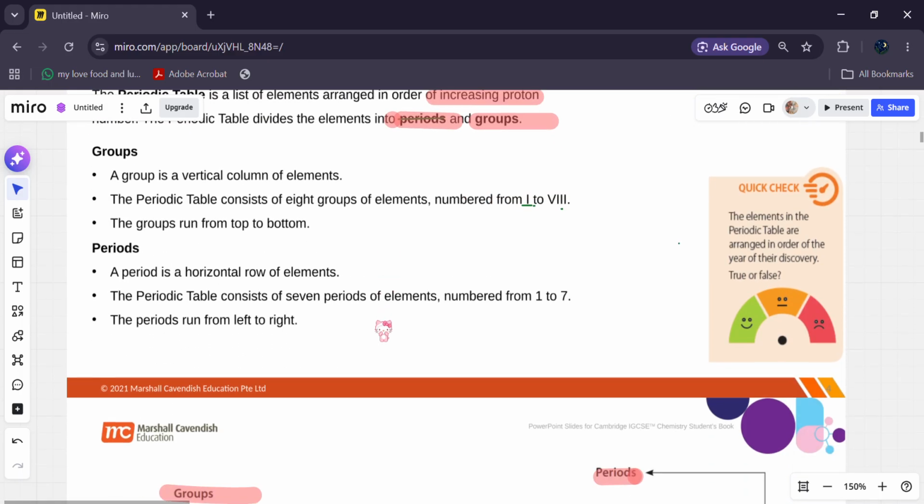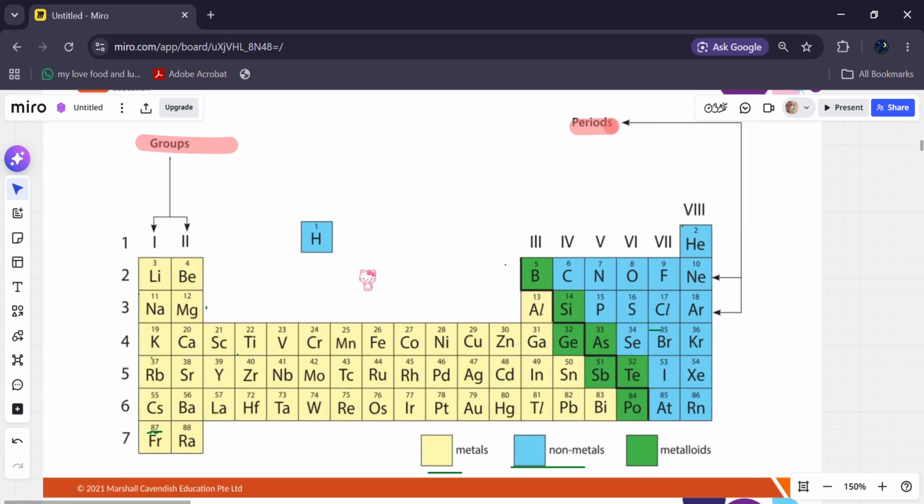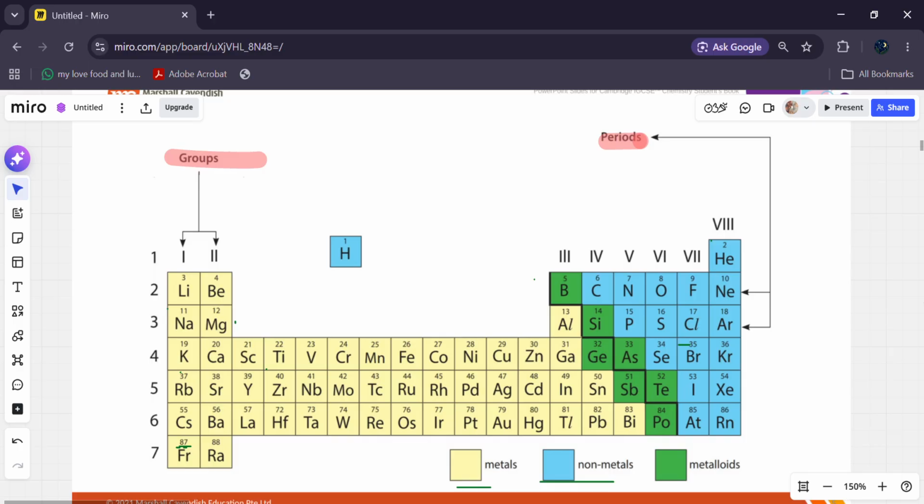Now remember when I said that the periodic table is split into groups and periods. Here is an image showing the periodic table. If you haven't noticed, there are arrows showing groups and periods. Well, I can explain what they mean.